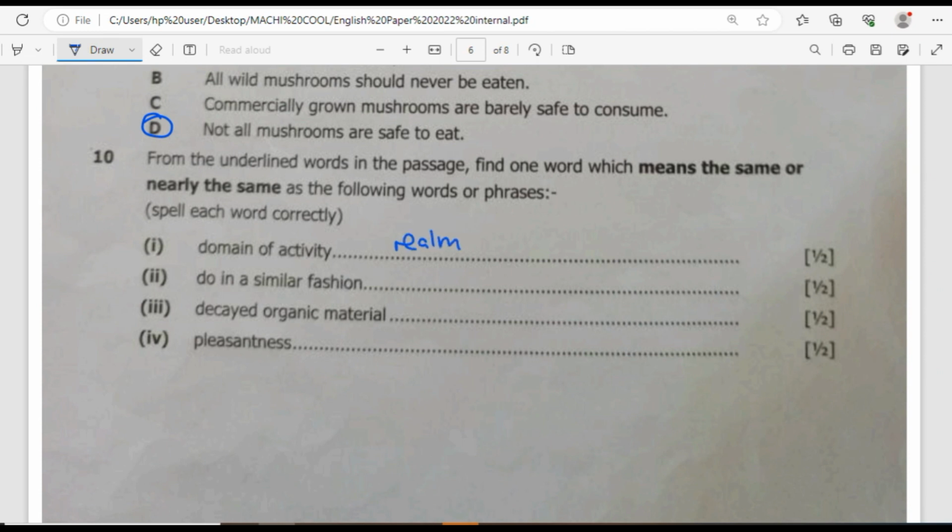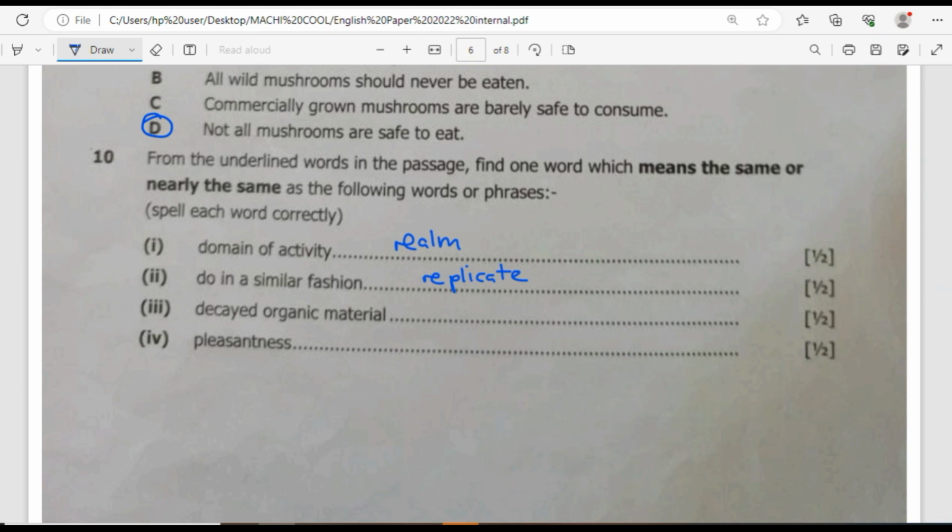Okay, do in a similar fashion: replicate. So replicate is doing in a similar manner.